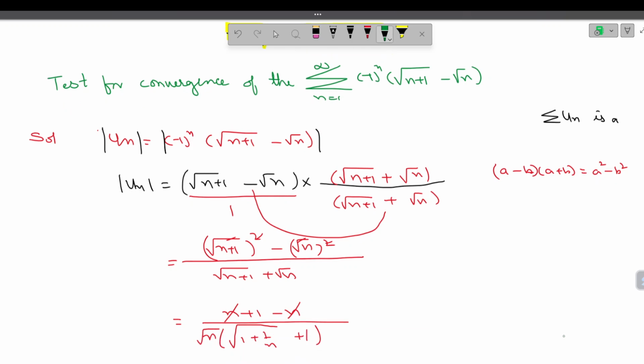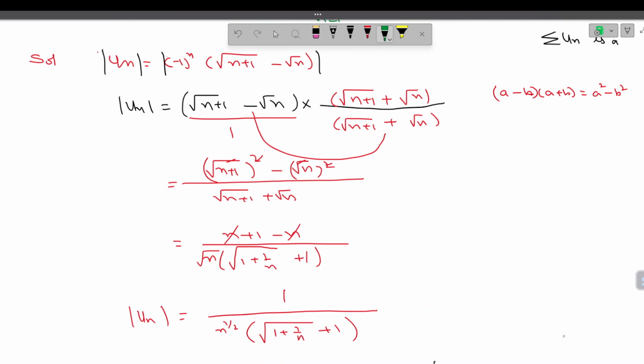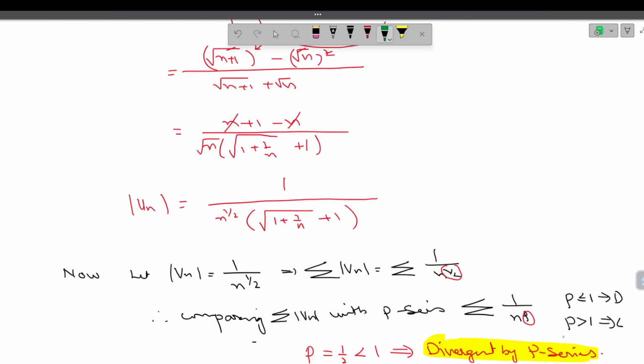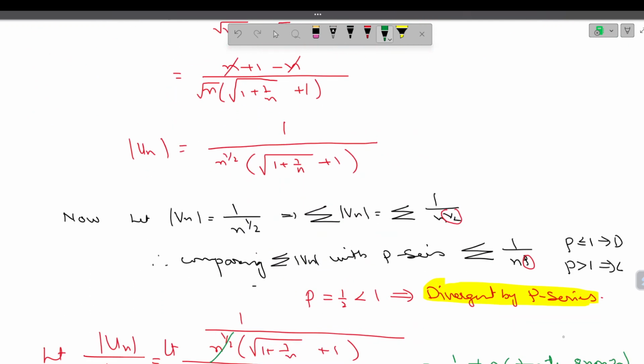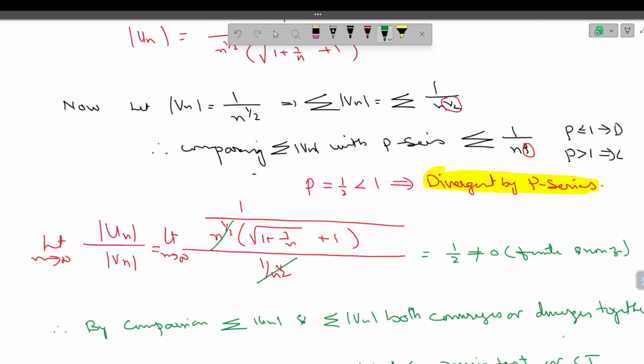So we first apply rationalization. Then, to apply the limit comparison test, we take one part of the series, call it vn, and compare it with a series such as a p series or GP series. Accordingly, we get a result. Keep that result aside. Then take limit n tends to infinity of un by vn.